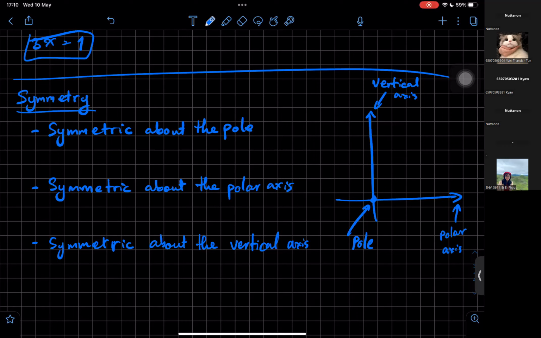So how are we going to find it? If it is symmetric to the pole, then r of theta equals r of theta plus pi.